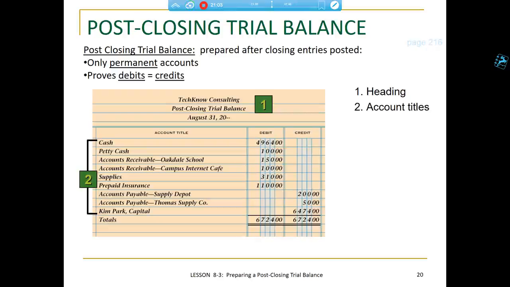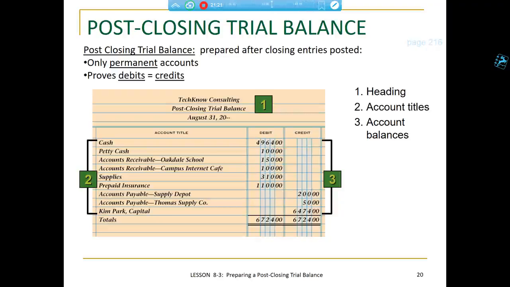All right. Account titles and then all the permanent account balances. And now, what do you see about the capital account? What's my balance for my capital account? 6,474.